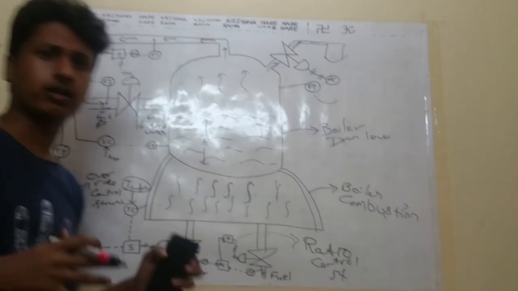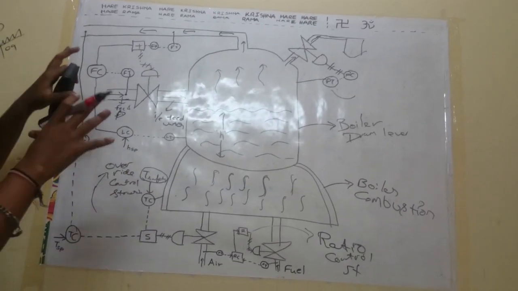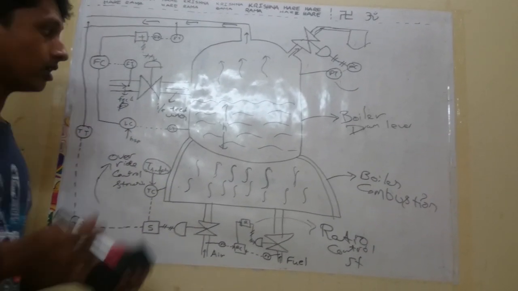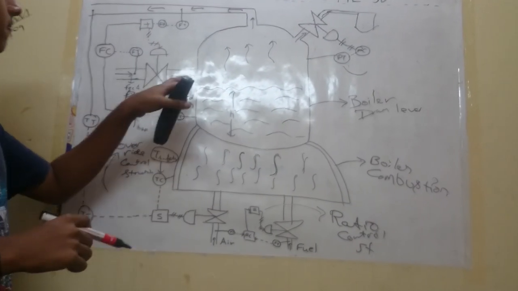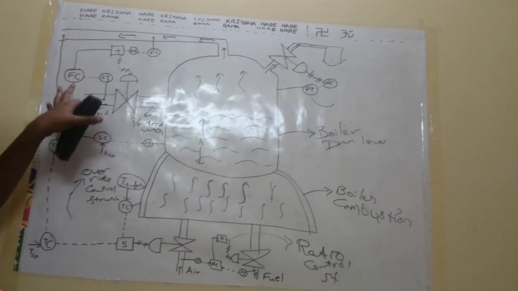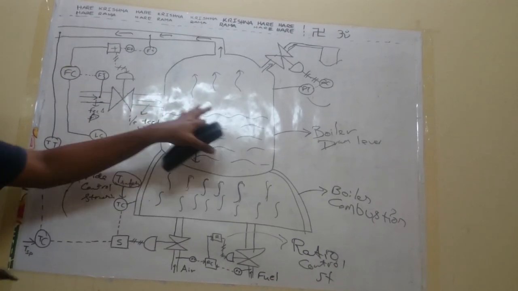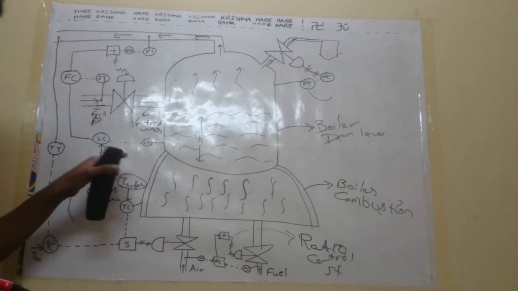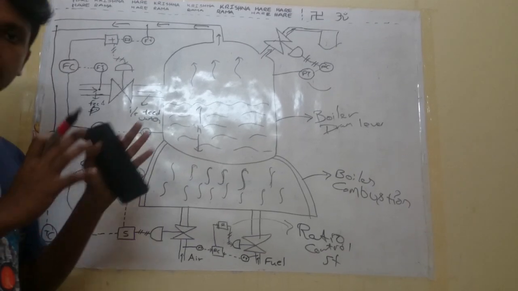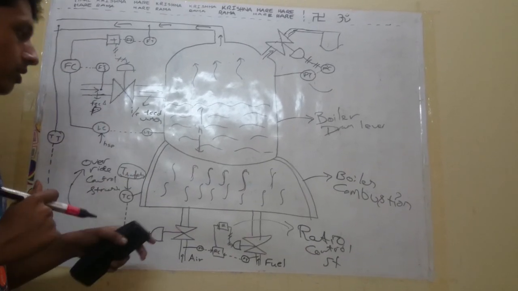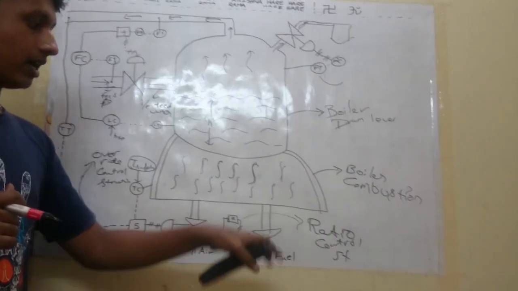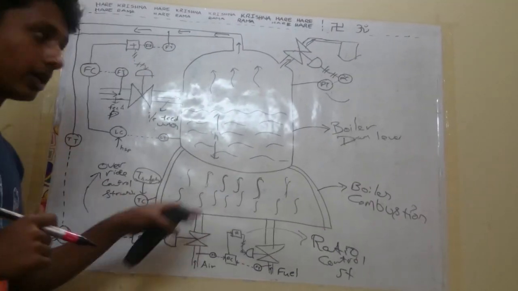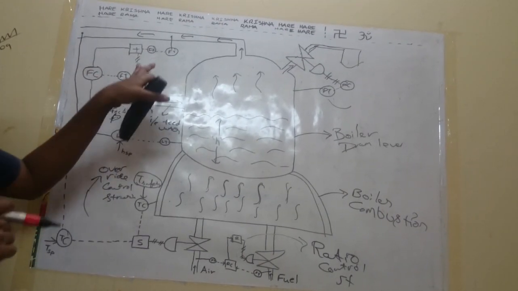We have discussed the 3-element control structure in boiler drum level control, which is much more efficient compared with single element or 2 element control like cascade control structure. We have discussed boiler combustion control and the different types of control structures used in this diagram.